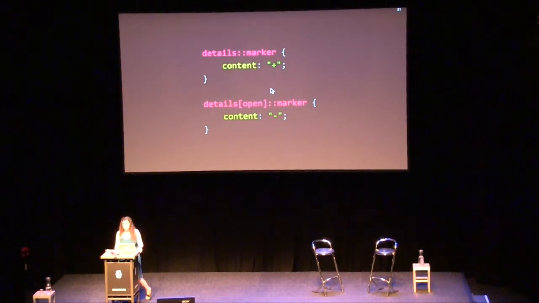So there are proprietary pseudo elements for this, but we are in the process of standardizing it. And it's going to work with the marker pseudo element, which is also going to be used for list items. So, for example, if you wanted to have a plus and minus, it would look like this. But this does not work yet.